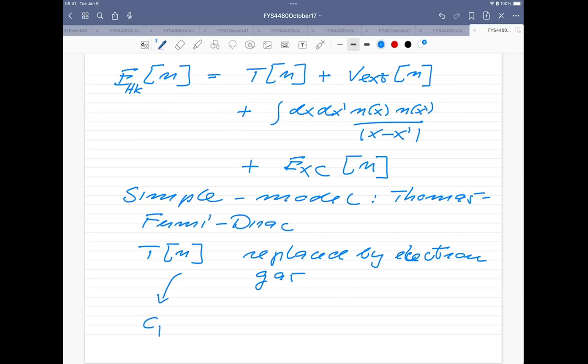If we take the results from the infinite electron gas, and in that case we have summed away the spin degrees of freedom, we are just getting an integral over dr, and then we have the density, n(r), to the power of 5/3. So this is what we found when we did the calculation for the electron gas. So this constant C1, if we go and look up what we got, is 3 divided by 10, and then there's a factor of (3 pi squared) to the power 2/3. So now we're just taking the result from the electron gas. So that's the first approximation.